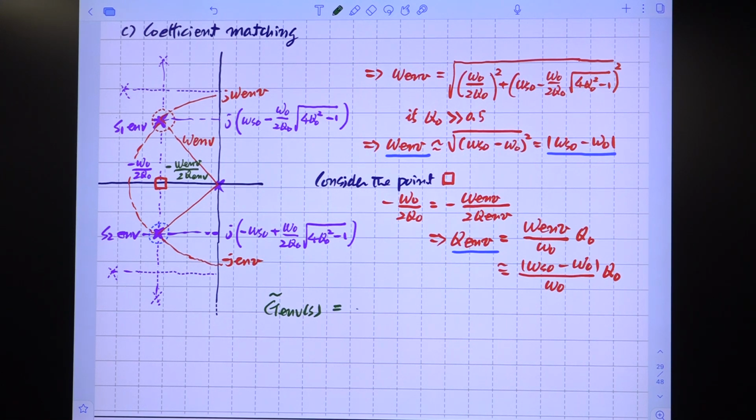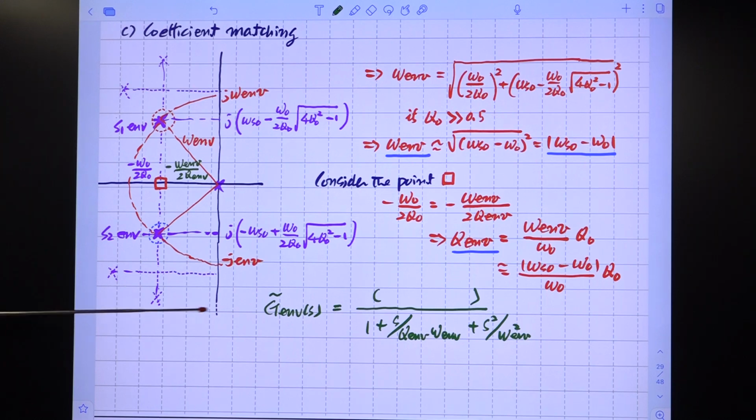This one, we don't know the numerator yet, so forget about the numerator. And the denominator should be S squared plus S omega_ENV divided by Q_ENV, plus omega_ENV squared. Okay, so assume the poles of this one are located here, right? So this is S1_ENV, and S2_ENV is located here.